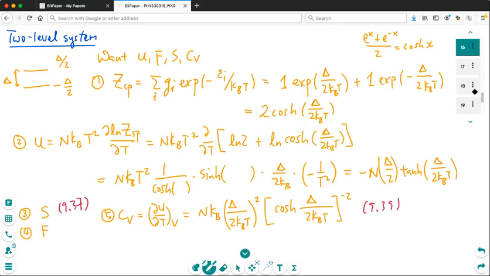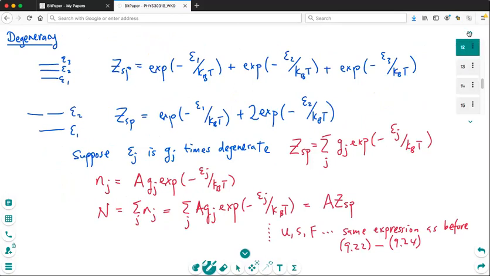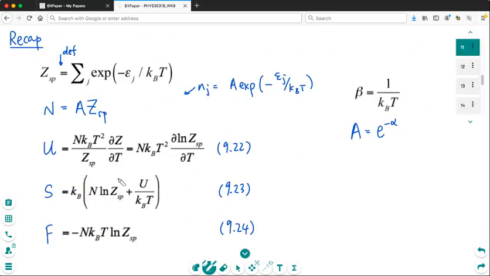How do you get this expression? It comes from here. You know how to write the partition function for the two-level system, and you already calculated your U, which is also related to the partition function. That's why I don't want to do it here. It's long, but you get this expression for the spin half system.